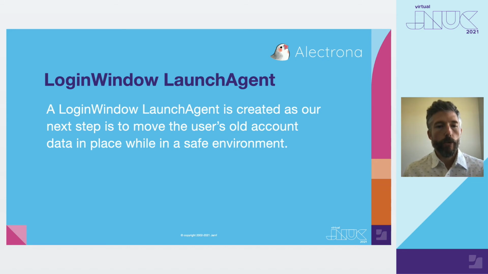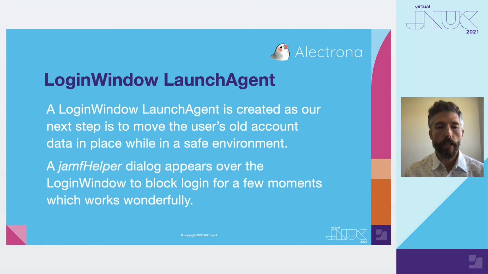And the next thing we do is, at this point, we already have all the data on the new machine, and we need to get that data into the existing home folder in a state where it's safe to do that. And we're going to do that at the login window. So what we do is we create a login window launch agent, so that when the user gets logged out, which will force them to be logged out, they can't log in while this launch agent is running, displaying Jamf Helper over the login window.